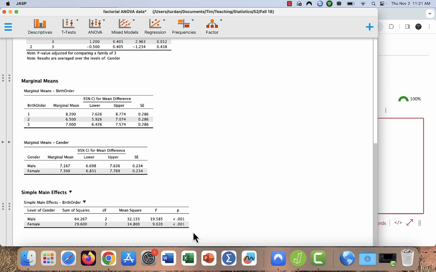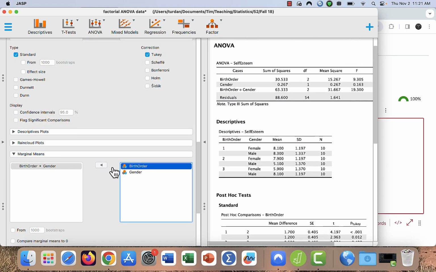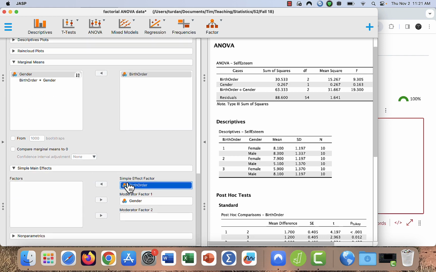So just looking at females across the three birth order groups, we can see that there's differences between those means. Let's switch these around so you can see what it looks like in a little bit different way.